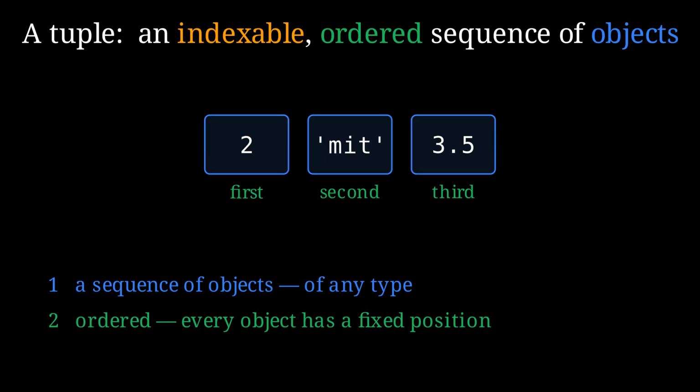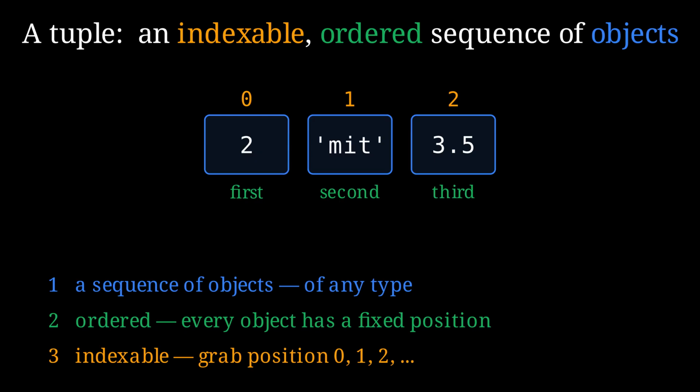There's an object in the first position, an object in the second position, and so on, exactly like the characters in a string. Third, indexable. We can reach in and grab the object at position 0, the object at position 1, and so on. And both pronunciations you'll hear, tuple and tuple, are perfectly fine.